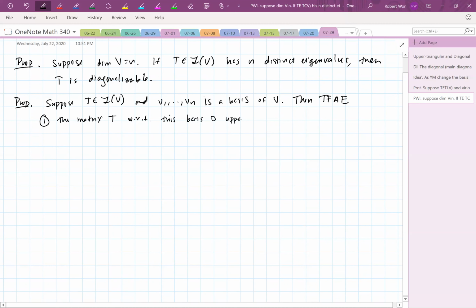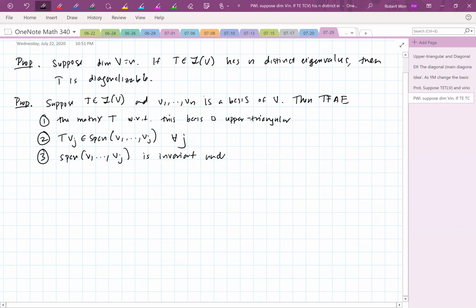Two is that T Vj is in the span of the first j basis vectors for all j. And three is that the span of V1 through Vj is invariant under T. It's an invariant subspace of T for all j.